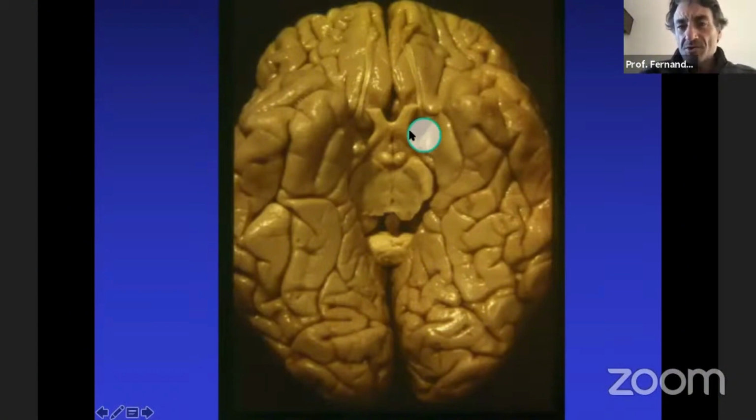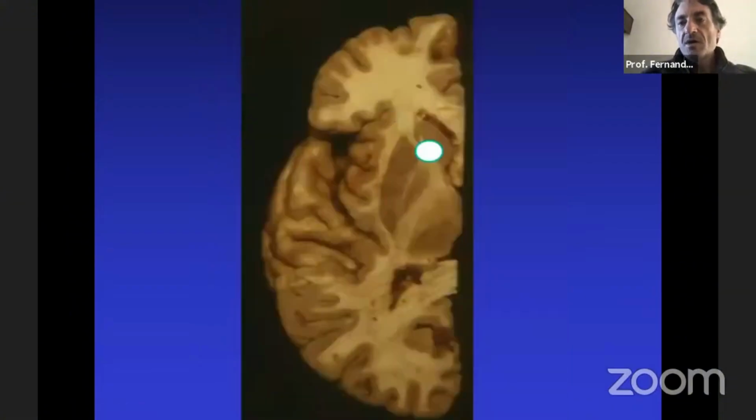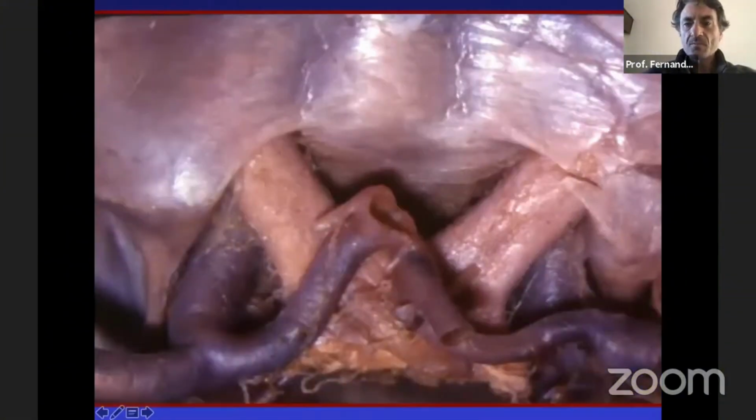The carotid bifurcation is located here, and the anterior cerebral artery goes forward and medially from its origin to reach the anterior interhemispheric fissure. If we could see through the brain, the anterior perforated substance is located in relationship with the head of the caudate nucleus, the anterior arm of the internal capsule, and the globus pallidus internus. This is the territory of the perforator branches of the anterior cerebral artery.